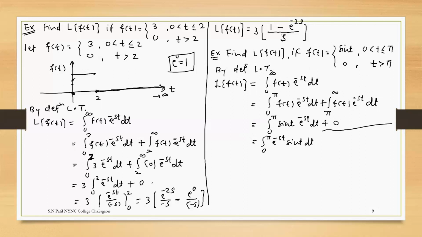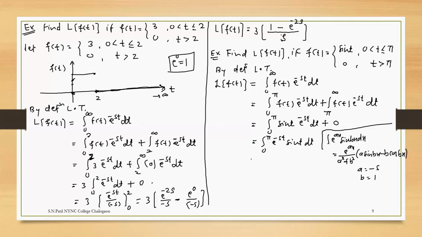We know the formula: the integral of e raised to ax sin bx with respect to x is equal to e raised to ax upon a square plus b square, times a sin bx minus b cos bx. We apply this formula here, where the value of a is minus s and b is the coefficient of t in sin t, which is 1.